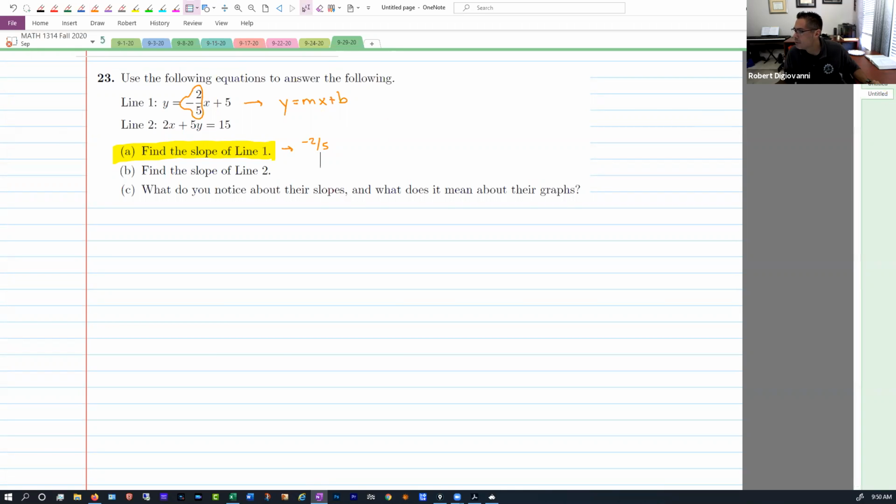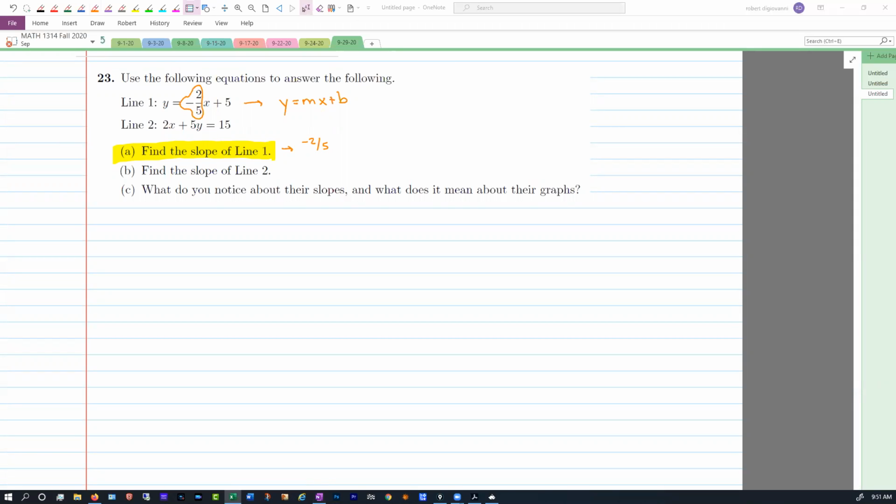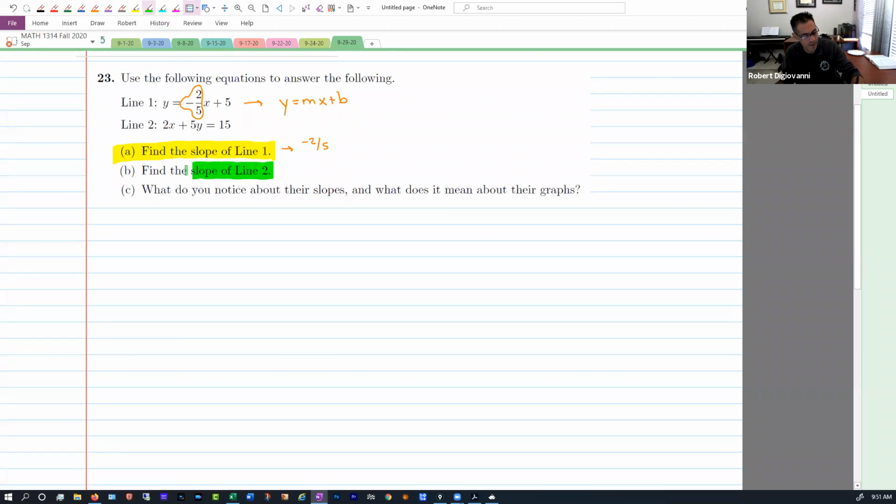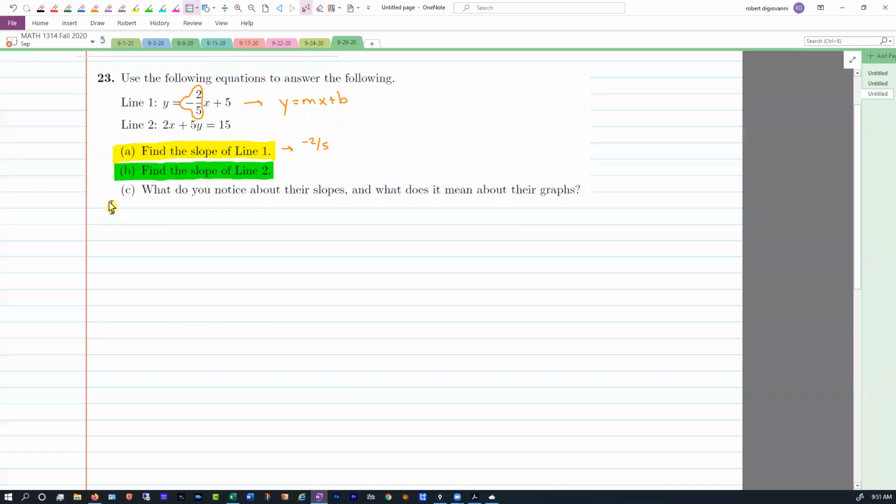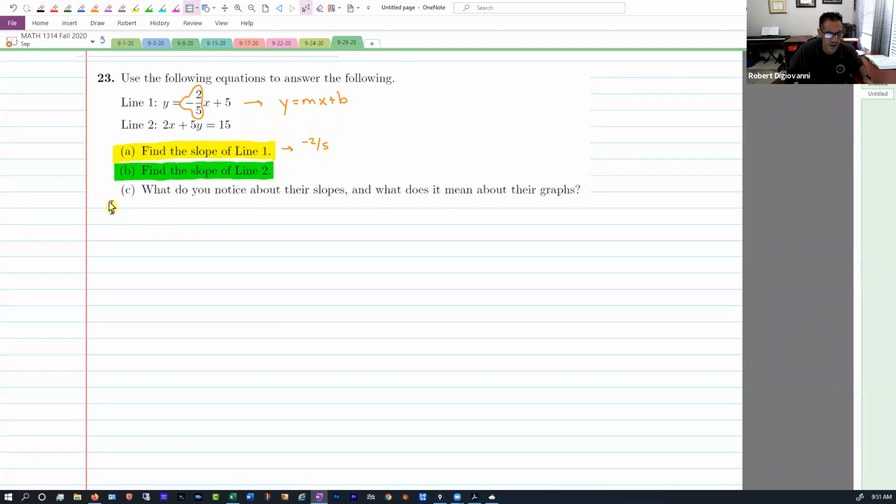And that is correct. Good job. Now, how about Tatiana? Tatiana, how about for part B? Find the slope of the line for part B, or for line 2. Okay. So what's different here with this line 2? We're going to have to find it.